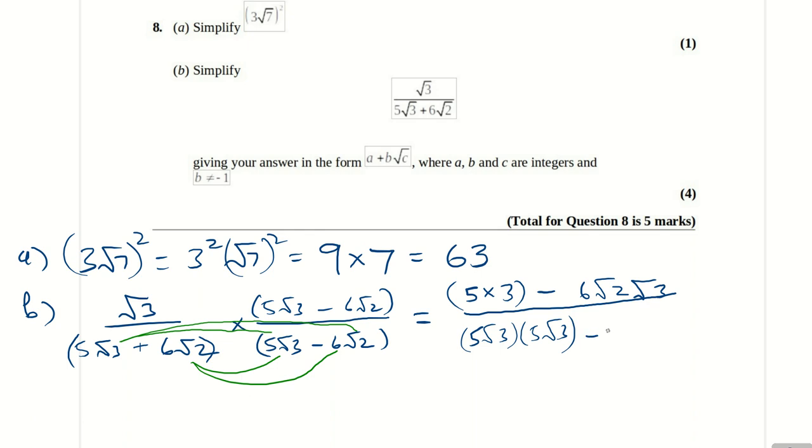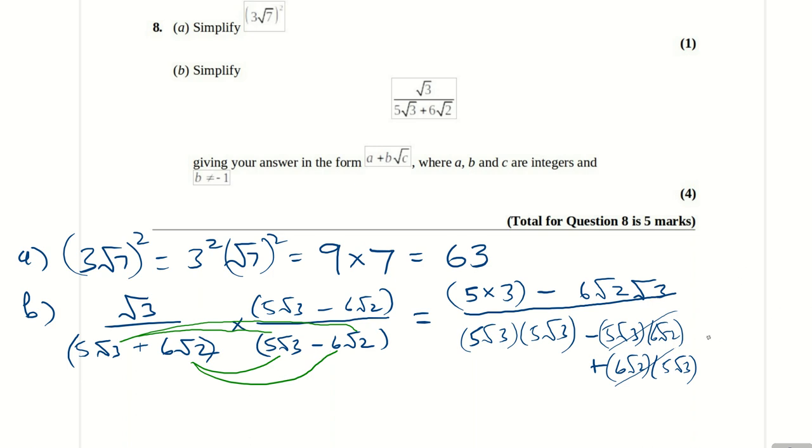So minus 5 root 3 times 6 root 2, and then we're going to have plus 6 root 2 times 5 root 3. So those are actually going to cancel out, which is the whole reason why we chose to multiply by the same expression but with a minus in the middle.